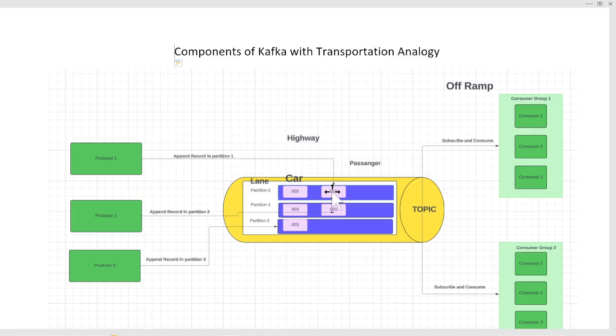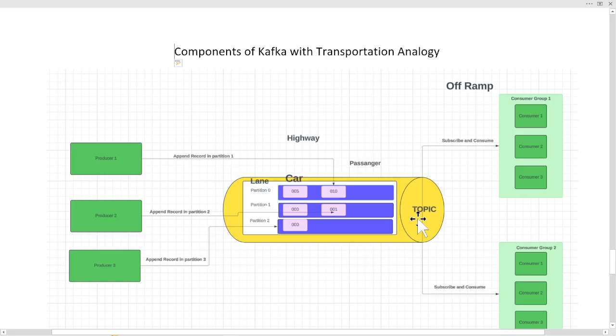Many cars or records can travel on the highway at the same time, but they stay in their own lane, that is the partition. Cars in the same lane follow one another in an orderly manner, just like records are stored and processed in a sequence within a partition.